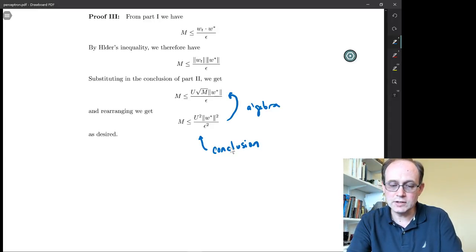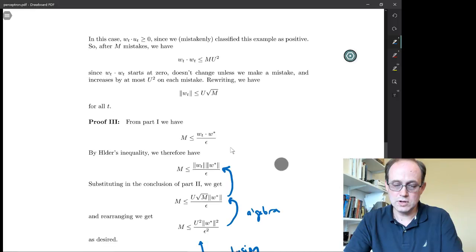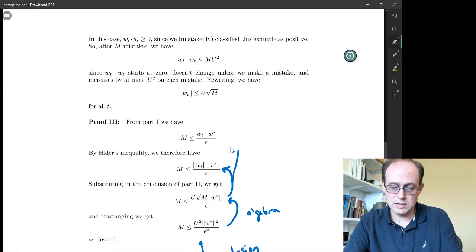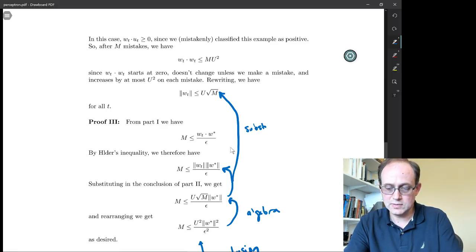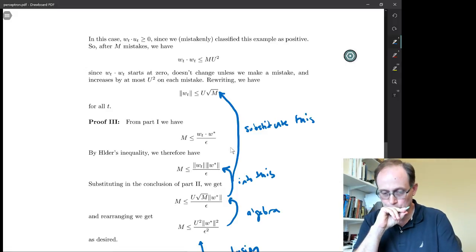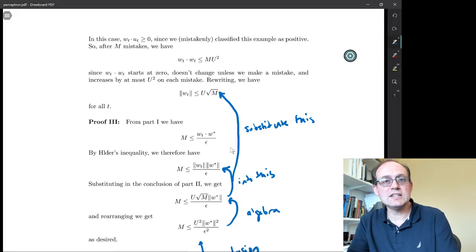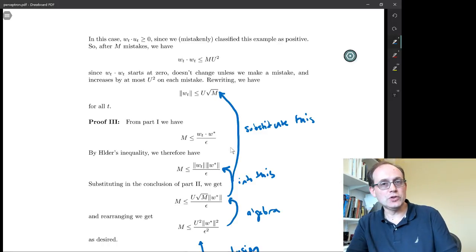And then this one followed from two things. It followed from that one, and it also required that one. And it required basically to substitute this into this. And so that's an example of how you would go through and mark up a proof to make sure you understand it.